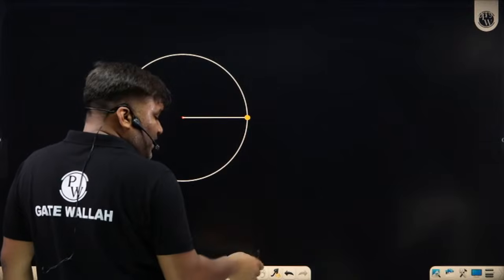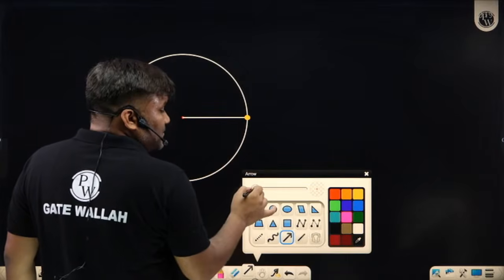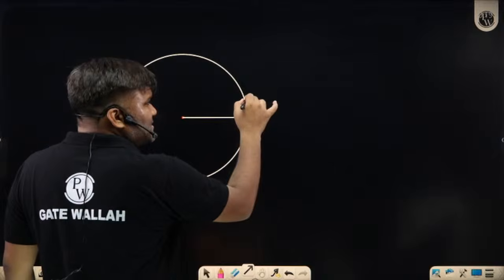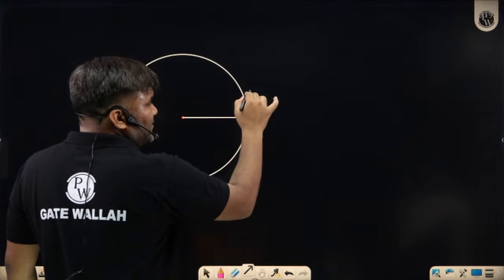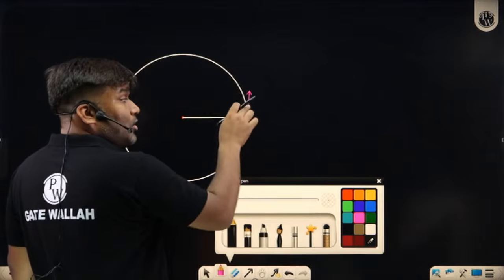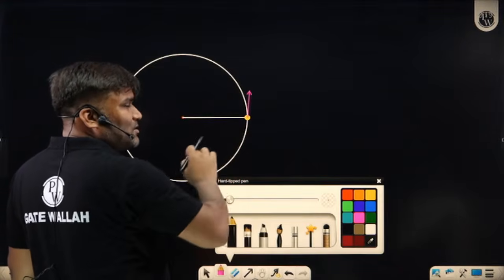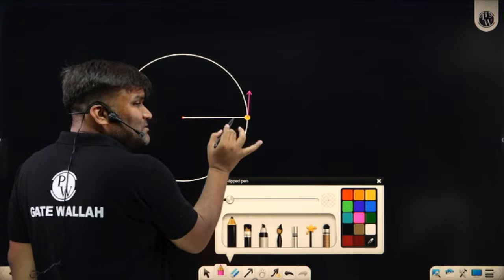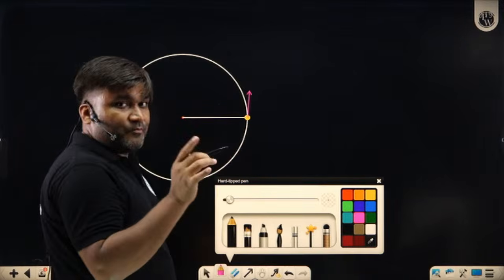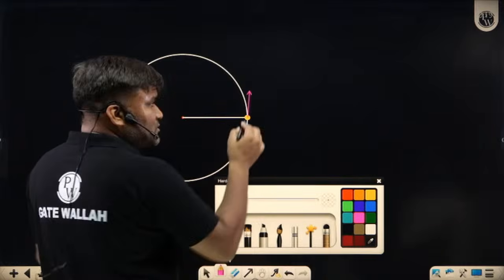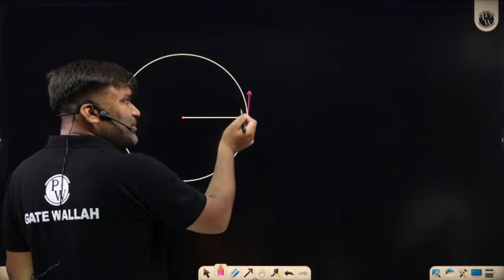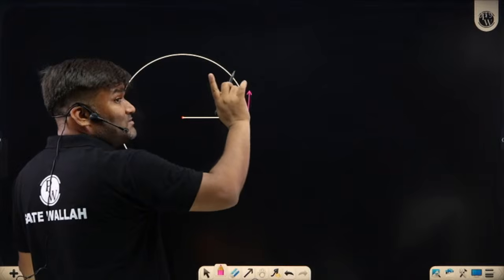Why? This particle at this instant has some velocity v, say it is moving in this direction. And because it is moving on a circular path, some centripetal force must be there. Without centripetal force, you can't even imagine circular motion. So why is this particle capable of moving in the circular path? Because some centripetal force is acting.